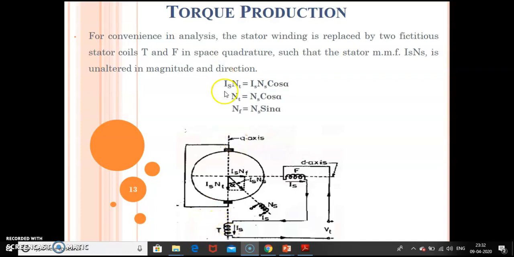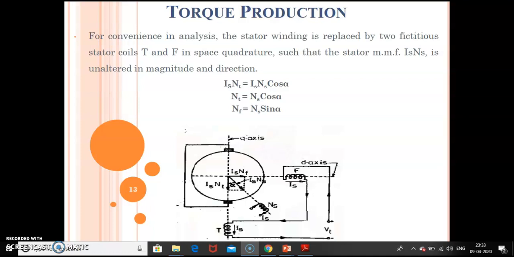Is Nt is equal to Is Ns cos alpha, where Nt, the number of turns of this fictitious vertical winding, is Ns cos alpha, whereas the number of turns of this horizontal winding is Nf, equal to Ns sin alpha.